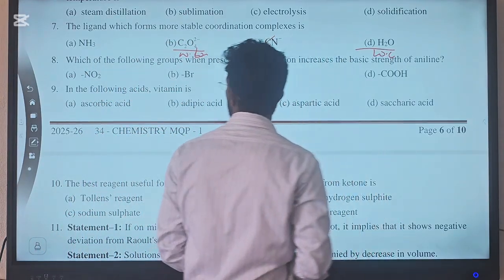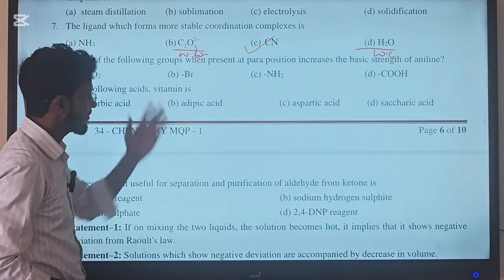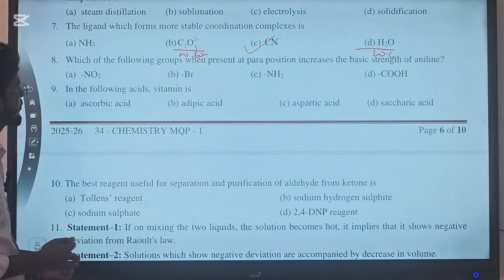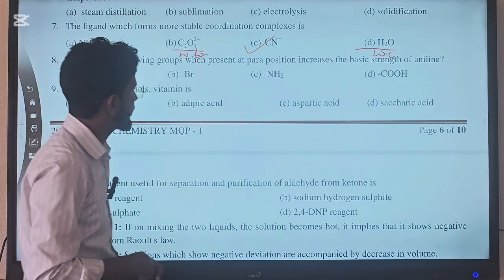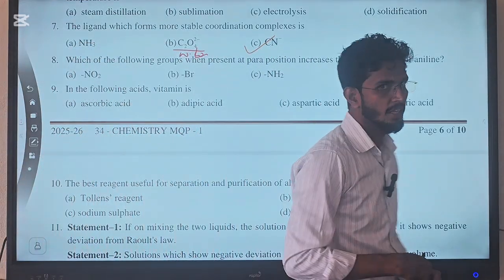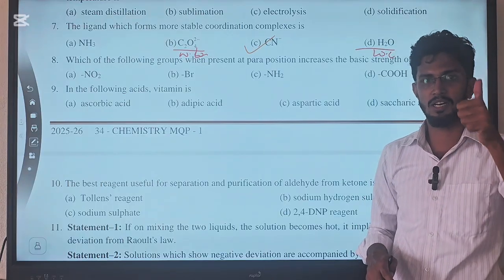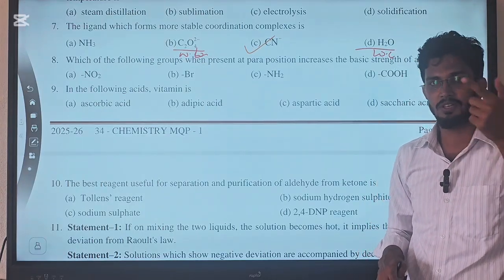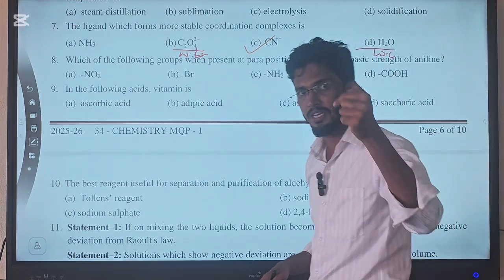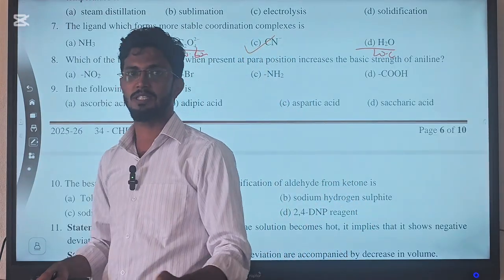Now you can see this directly from the notes. Which of the following groups when present at para position increases the basic strength? As we know, basic strength is increased by plus M effect or plus I effect, and minus M and minus I decrease the basic strength.